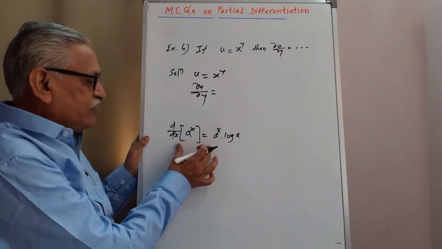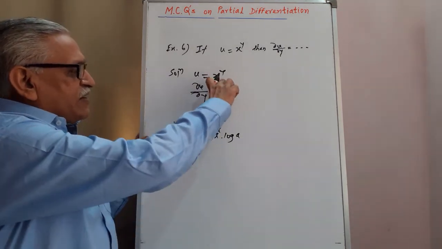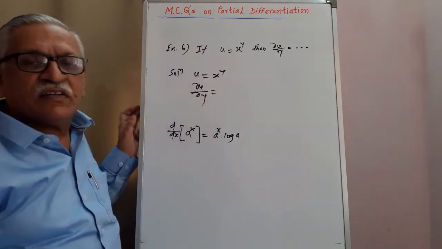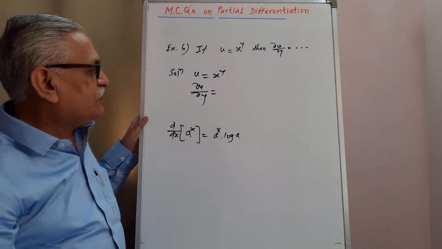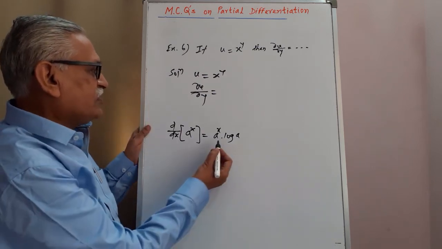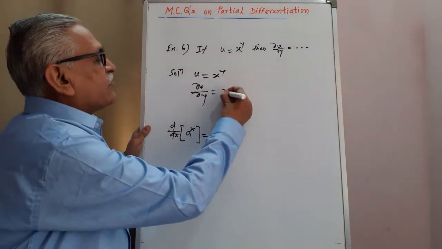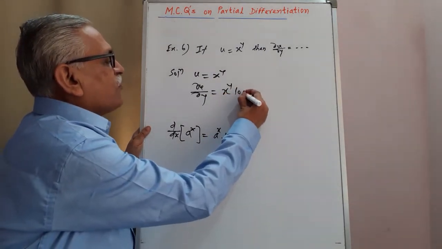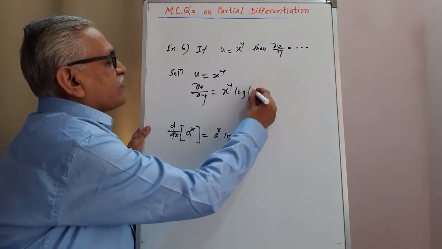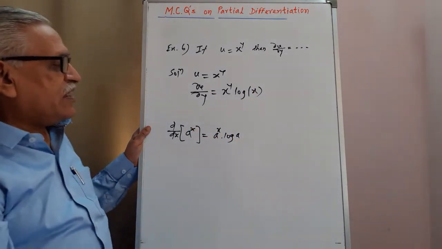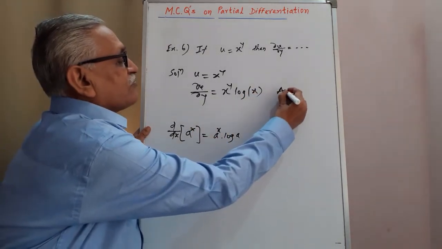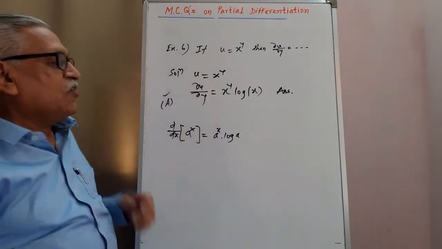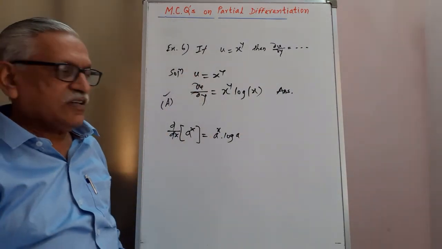Therefore, we can use this rule to find the partial derivative of u with respect to y by keeping x constant. Here it is x raised to y into log of x as the answer. Option A is the correct option.